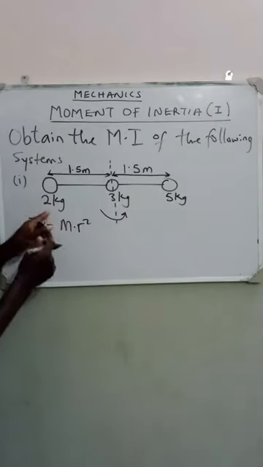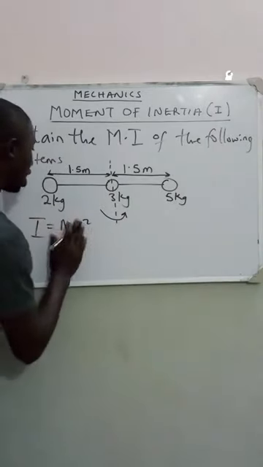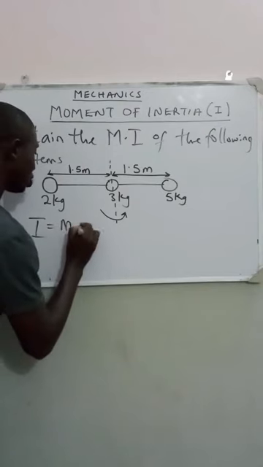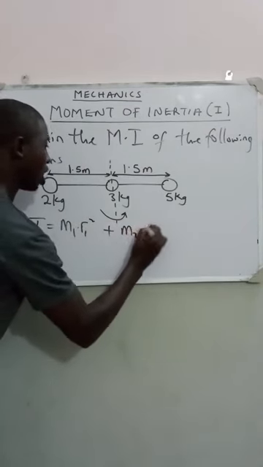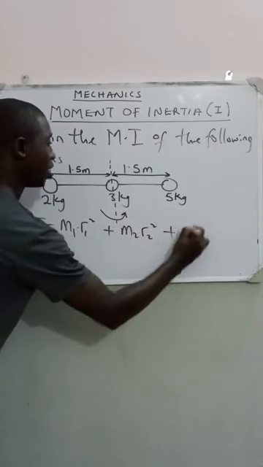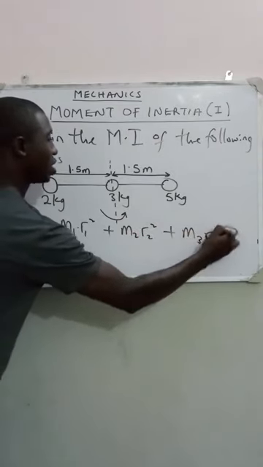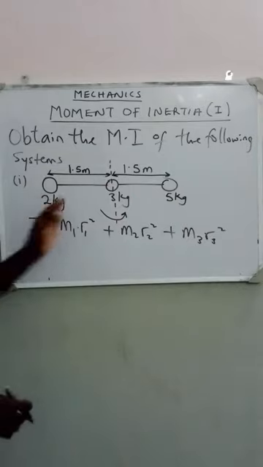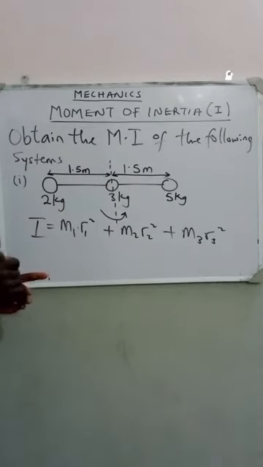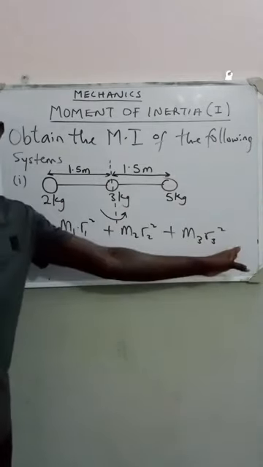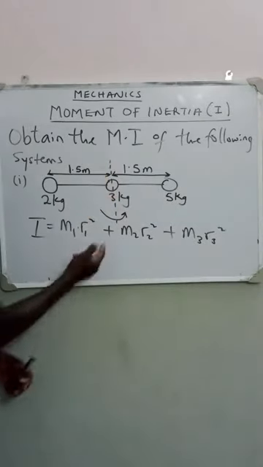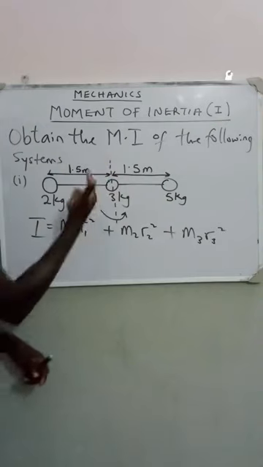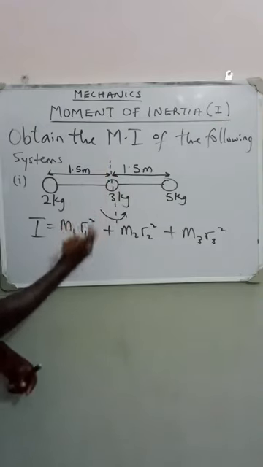That is, for the first one, m1 r1 squared plus m2 r2 squared plus m3 r3 squared, because I have 3 different masses. If I have 4, I will add the fourth one. Since I know my axis of rotation, the axis of rotation here is at the center, at the midpoint.